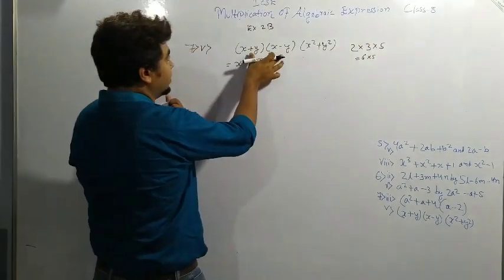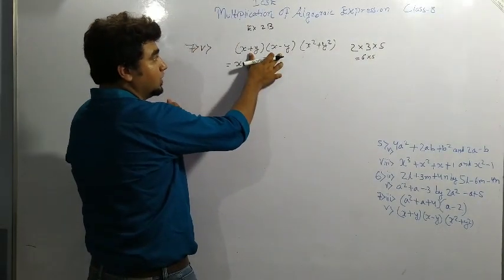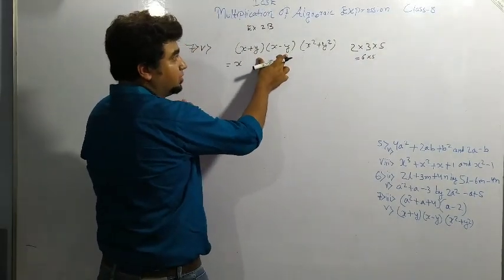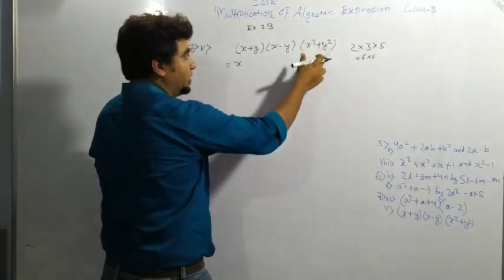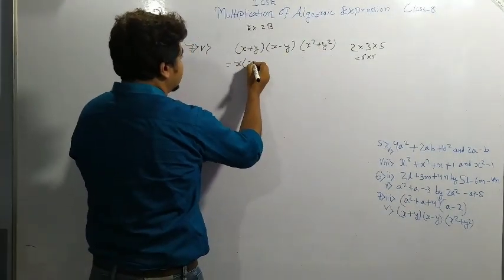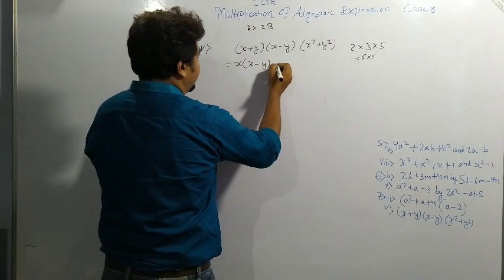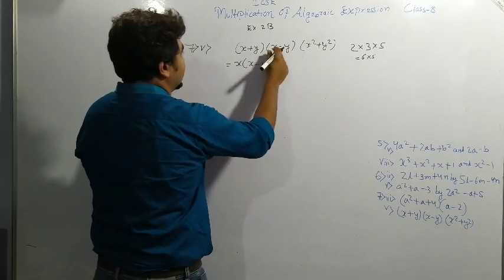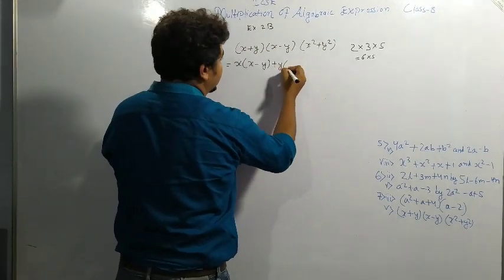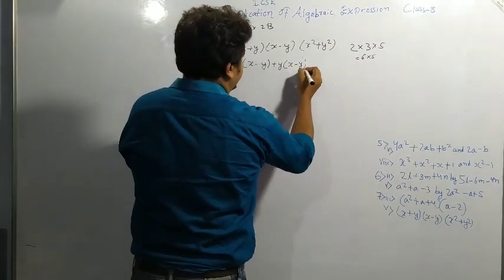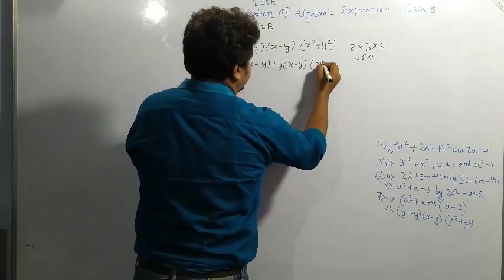The same thing we will be doing here. First we'll multiply these two terms, and then multiply the answer with the remaining part. So x into x minus y, then plus y into x minus y. This entire thing, and this thing I will be keeping here as it is.